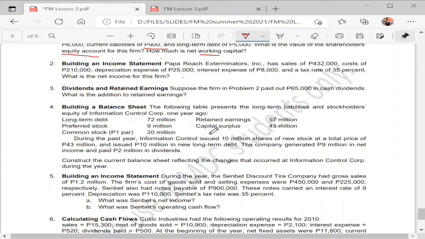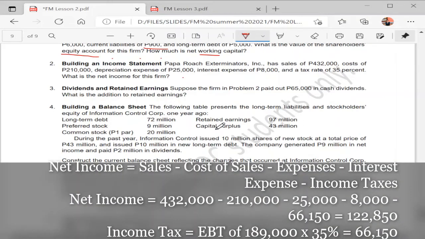If we're going to solve this directly without forming a formal statement, we can automatically compute it by taking note that you will get the net income after you deduct all the costs and expenses from your sales. And of course, do not forget, if there's an income tax rate, then you need to deduct the tax because that is part of the expenses.